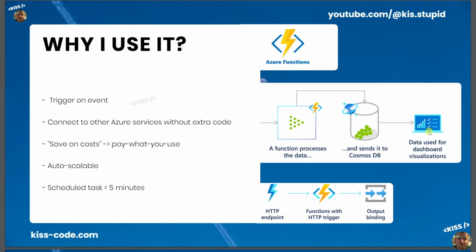So then the API endpoint is free unless you have like 1 million requests or something. And then Azure Cosmos DB is also free until a certain usage.